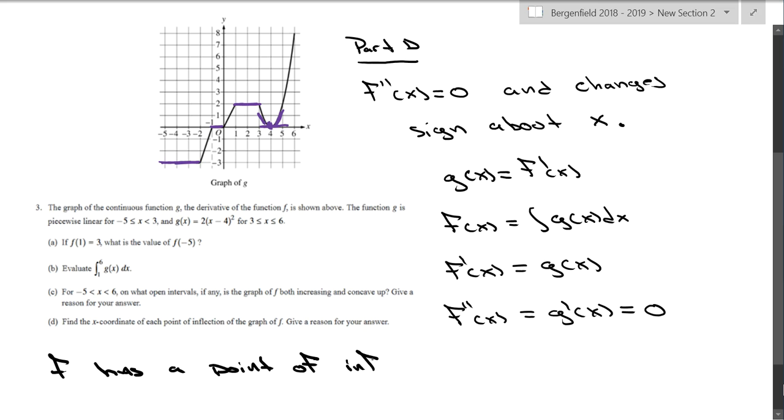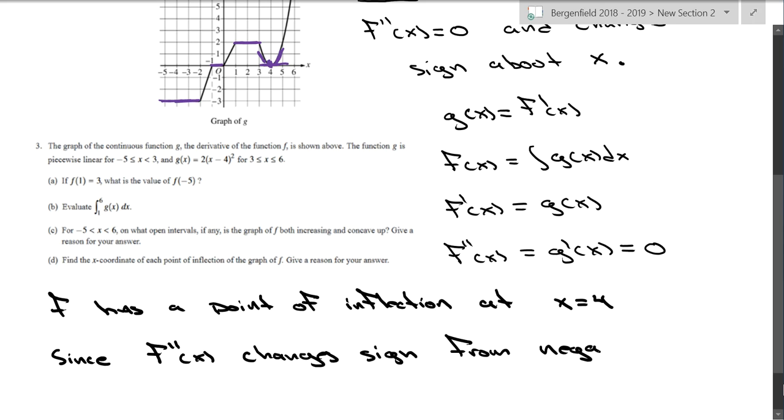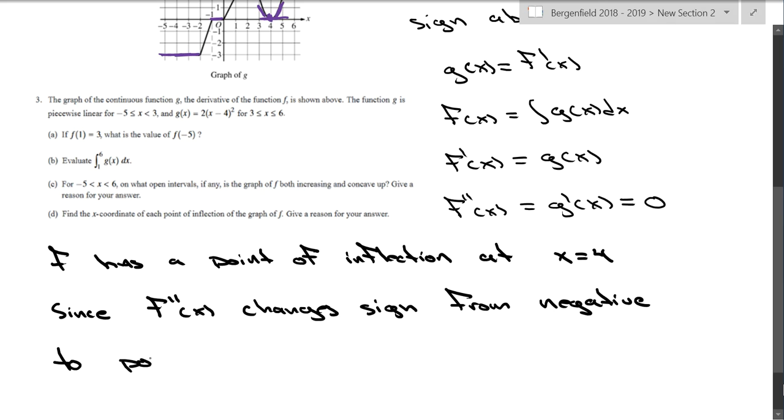So what we're going to say is that f has a point of inflection at x is equal to 4, since f double prime of x changes sign from negative, and that's the slope from the left, negative to positive at x is equal to 4.